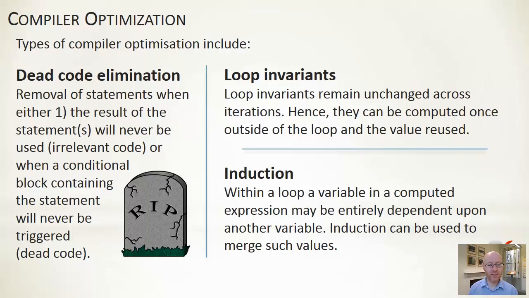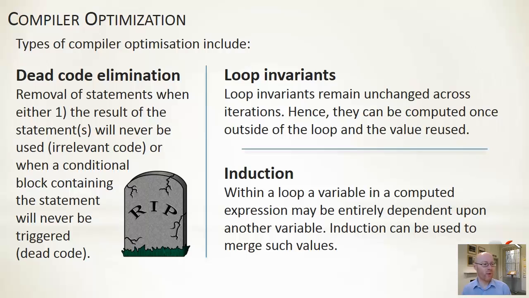Loop invariance: if we have something within a loop that never changes, so we're doing the same calculation over and over again, we can bring that out of the loop at the start, do it there, store it, and then reuse it. Induction comes into the dependencies we have between some variables within the loops, and there are some optimizations we could apply there by basically merging dependent values together.